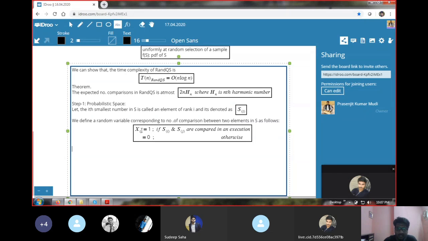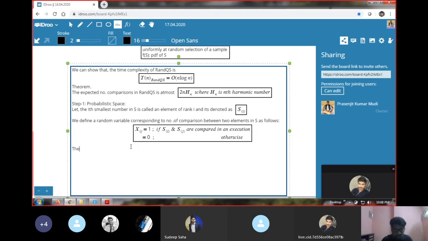So if I sum up all the possible values of Xij for all the possible values of i and j, then that summation will give us the total count of comparisons, right?